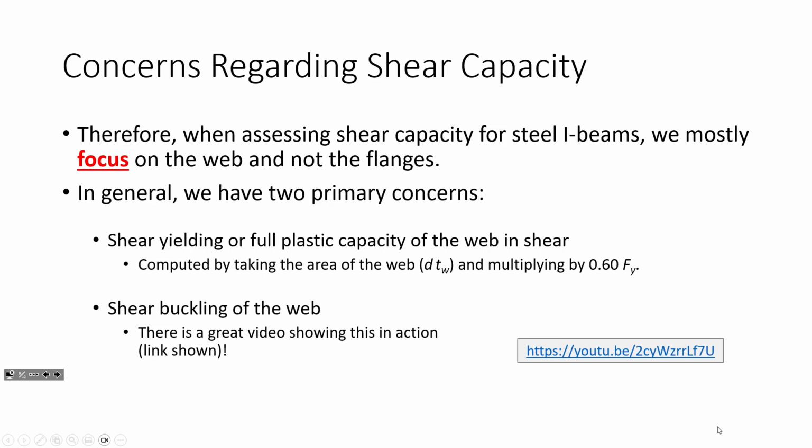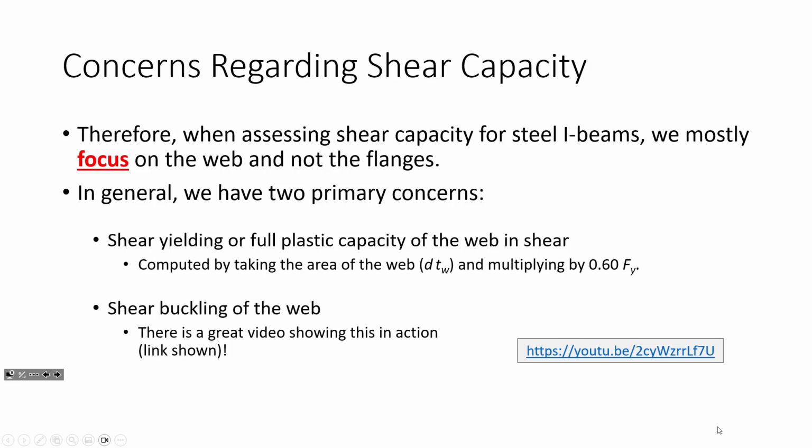Okay, now when we're assessing shear capacity for steel I-beams, like I said, we mostly focus on the web, not the flanges. We have two things that we've got to concern ourselves with. The first is shear yielding. That's the full plastic capacity of the web in shear.